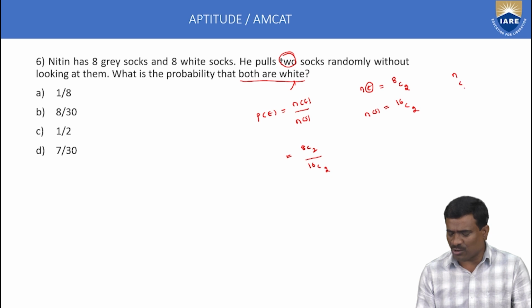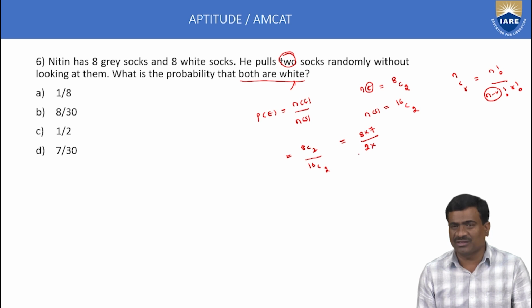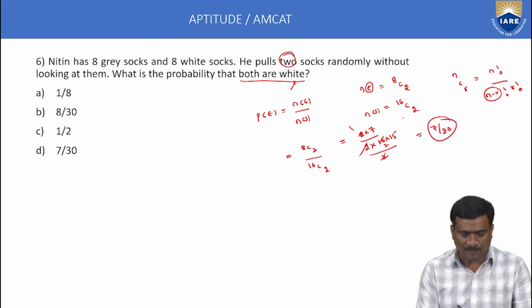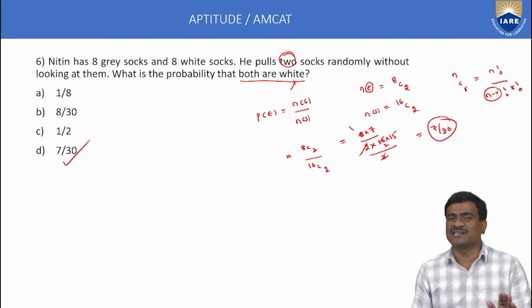NCR is equal to n factorial divided by (n minus r) factorial into r factorial. Here 8C2 is equal to 8 into 7 divided by 2, and 16C2 is 16 into 15 by 2. The 2 gets cancelled. 8 into 1, 8 into 2, is equal to 7 by 30. Option D only is correct.